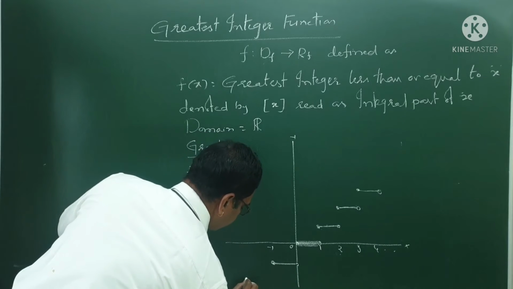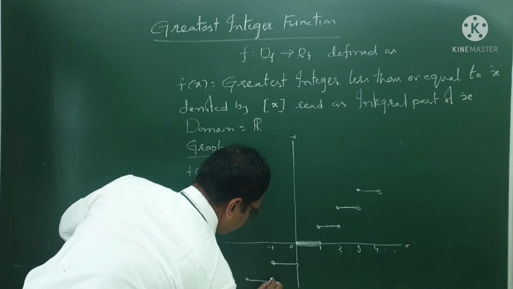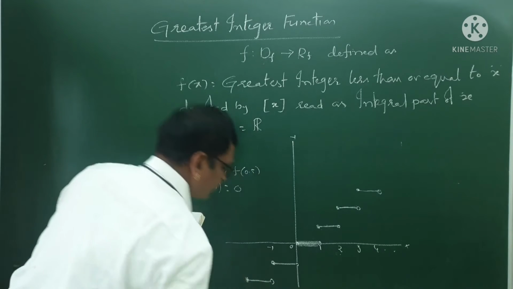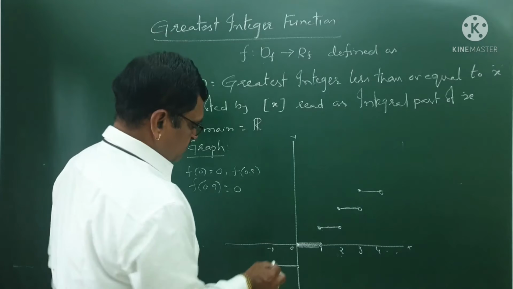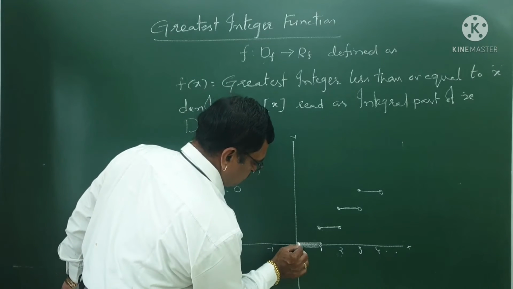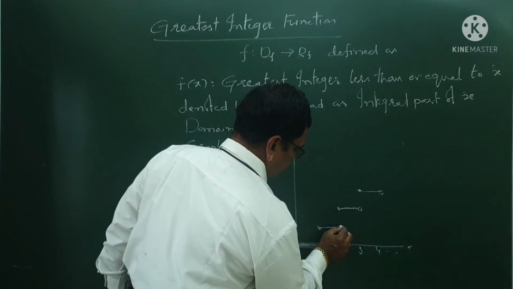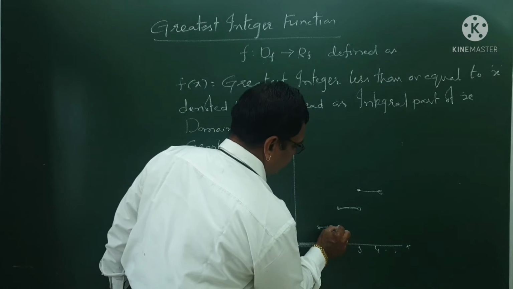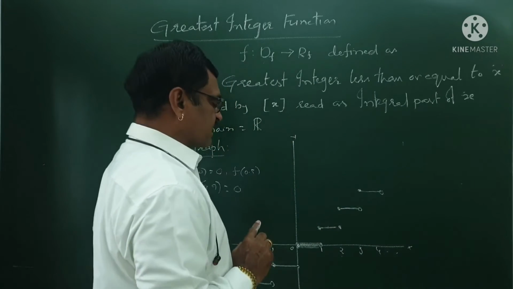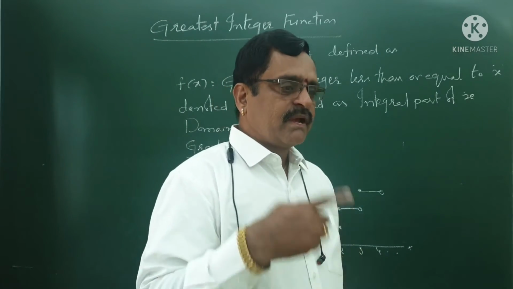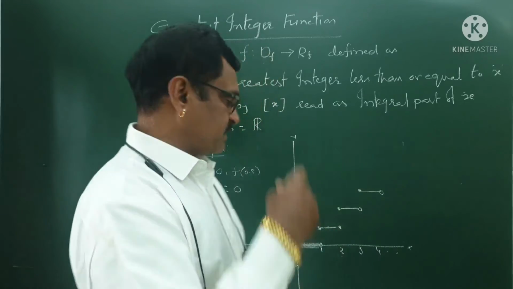Next one, minus 2. If you observe carefully, some darkened circles and some empty circles are there. A darkened circle means that value is taken, an empty circle means that value is neglected.